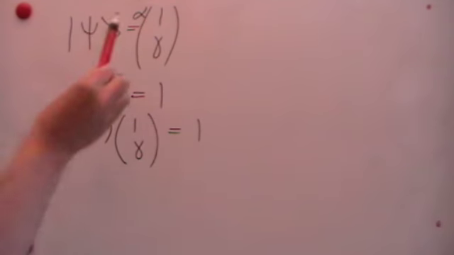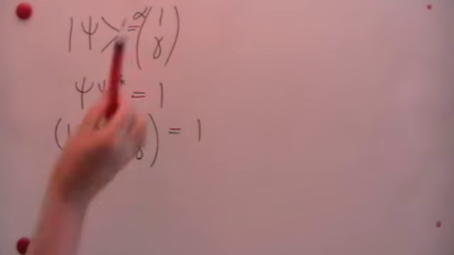Now I'm going to assume for a moment that it doesn't, and that it will need some normalization factor in front of it. If we have a normalization factor, let's call it alpha, we have to put that alpha in front. That is not an eigenvalue, that is just a normalization factor that multiplies each of these terms, 1 and gamma.